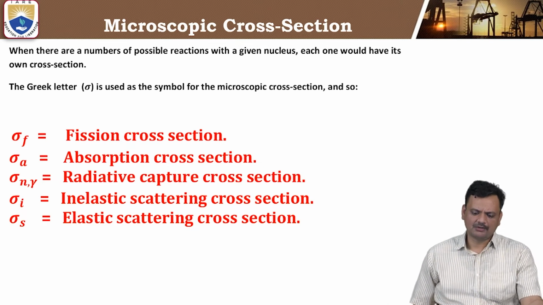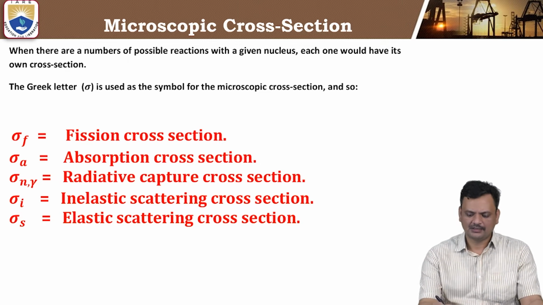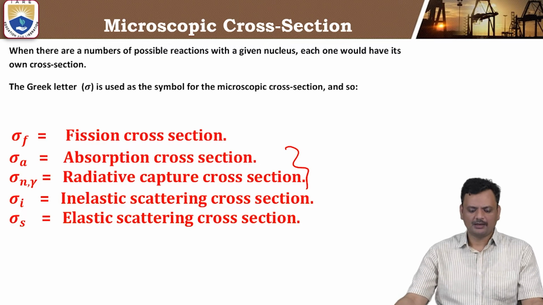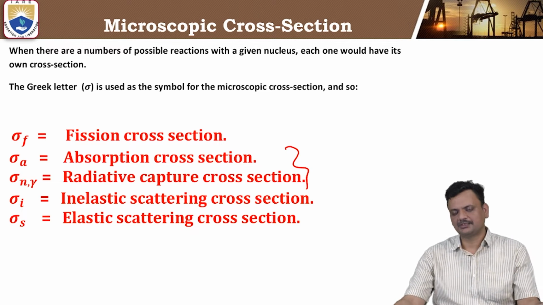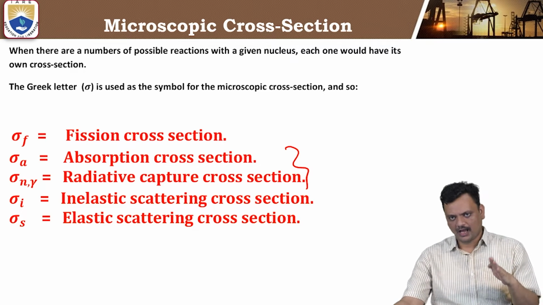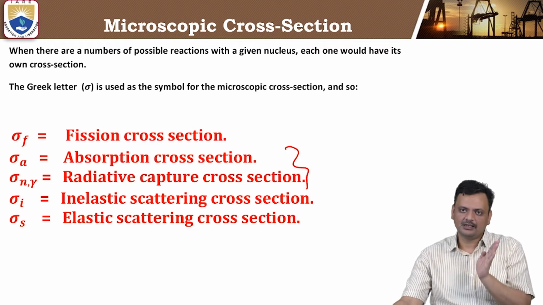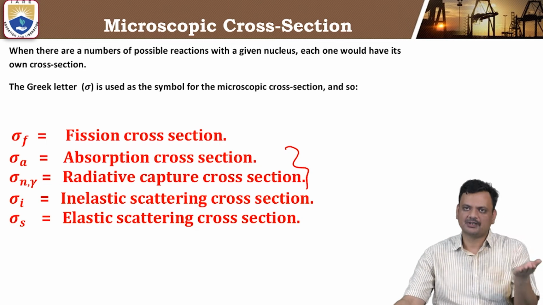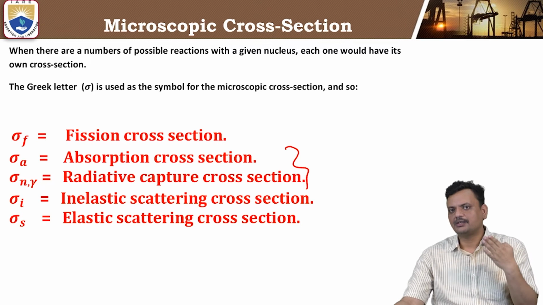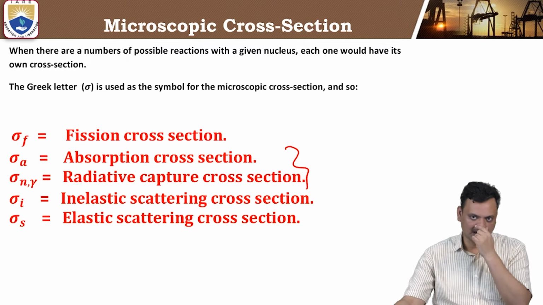So this absorption or capture cross section is of two types. Absorption cross section means simply the neutron is absorbed by the nucleus, or it is first absorbed and then emitted as some different form, means some different type of nuclear particle.